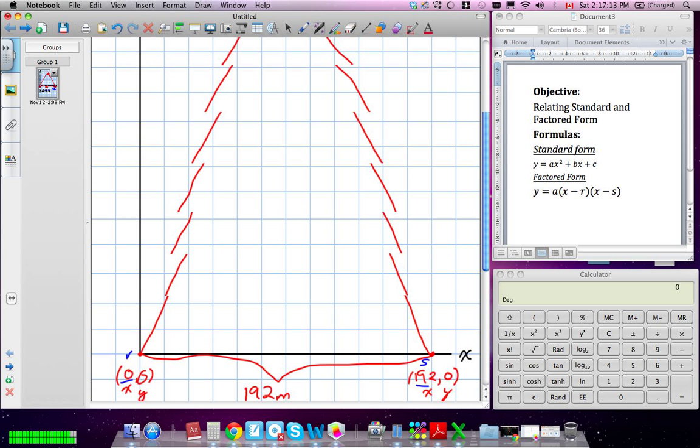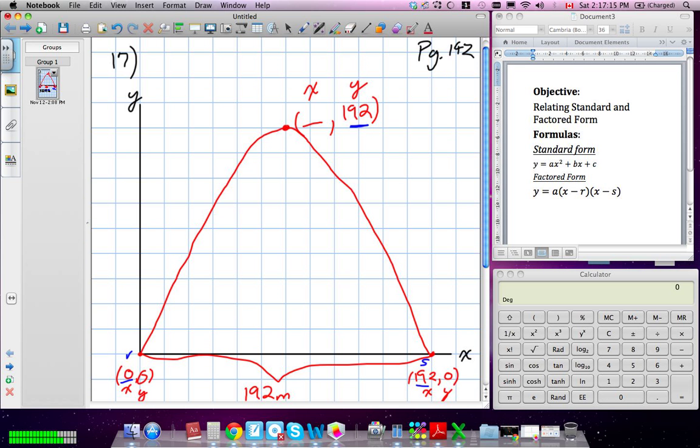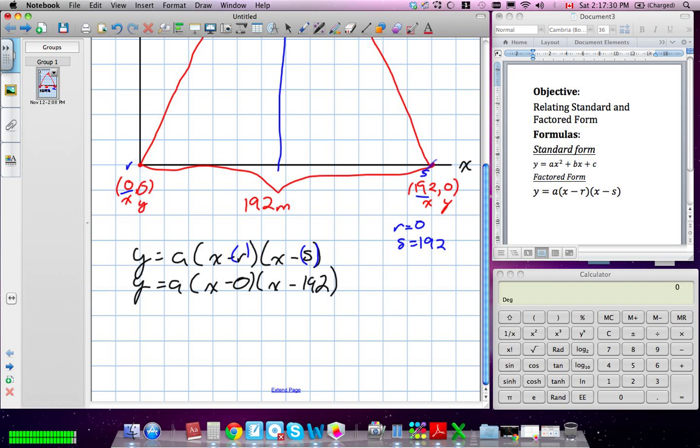Do you know what the formula was to find the x value of the vertex when we have two x-intercepts? r plus s divided by 2. Excellent. That gives us our axis of symmetry, AOS, or the x value of our vertex, right? So our r value is 0 plus 192 divided by 2 equals, we'll put x here, because that's the x value of our vertex.